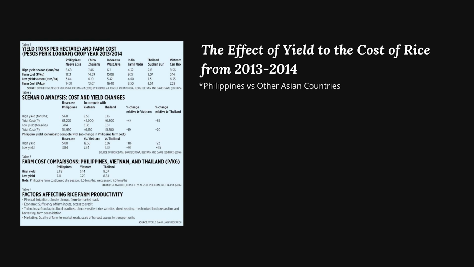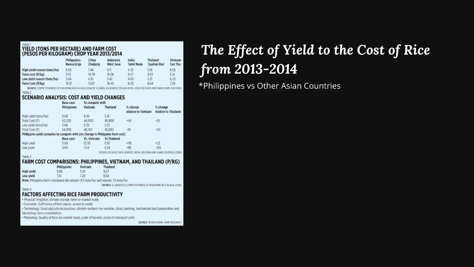The second table is the farm cost comparison. Yield affects unit farm cost. For the high yield season, the Philippines recorded the third highest farm cost of 11.13 pesos per kilogram compared to Vietnam's 5.14 pesos per kilogram, Thailand's 9.7 pesos per kilogram, and India's 9.27 pesos per kilogram.